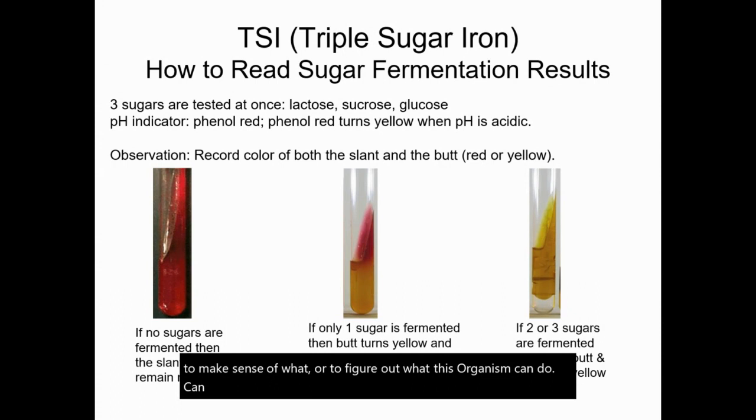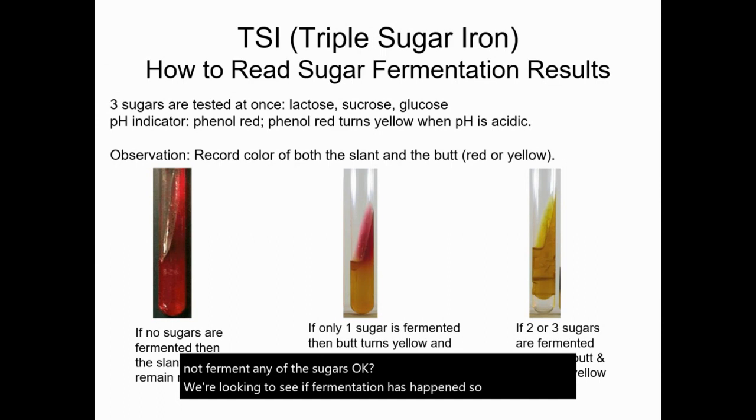Can it ferment glucose? Can it ferment glucose and lactose and or sucrose? Can it not ferment any of the sugars? Okay, so we're looking to see if fermentation has happened. If fermentation has happened, you are going to see yellow somewhere in this tube, okay?